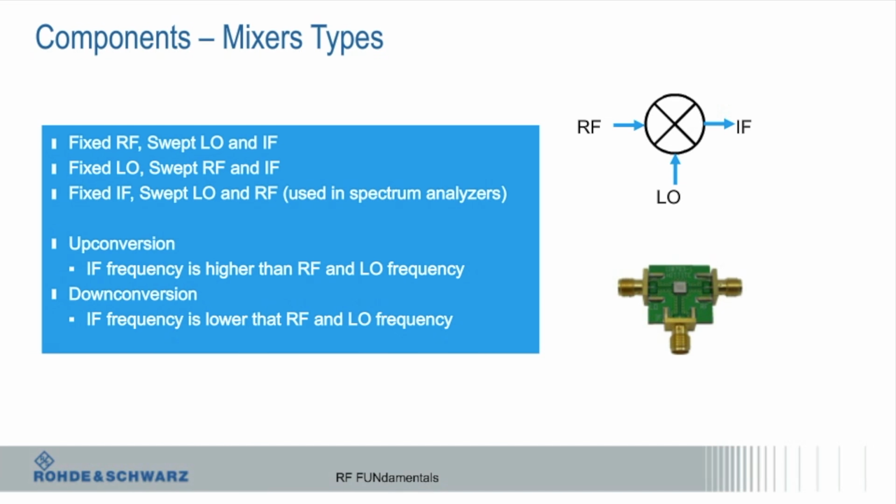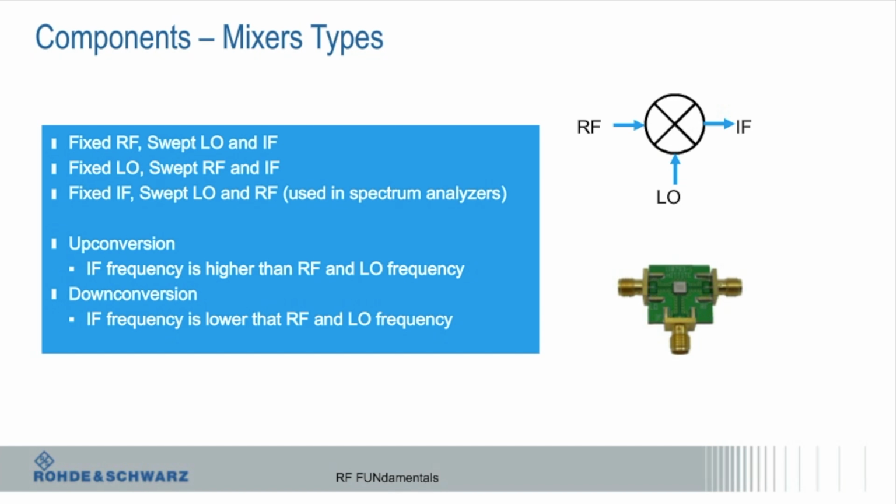Okay, so mixer types. I've done lots of converter design in my past, but basically what a mixer does is you have two frequencies that you put in and you get one out, right? This is showing the arrow going in here and in here. So this is what I would call a down converting mixer.